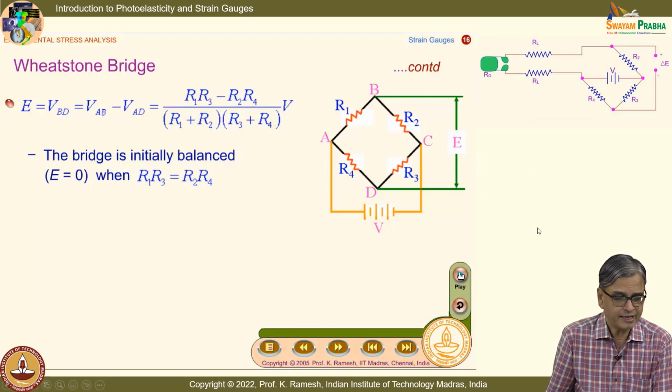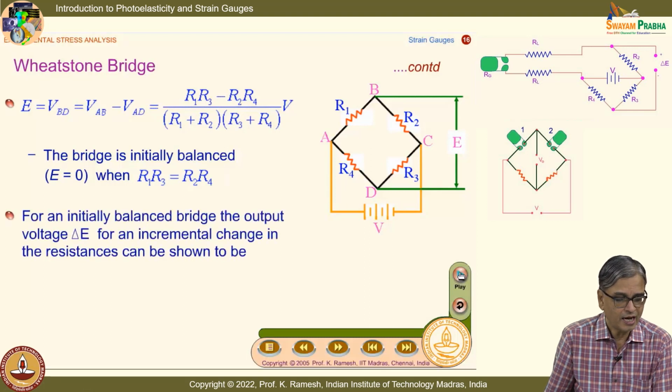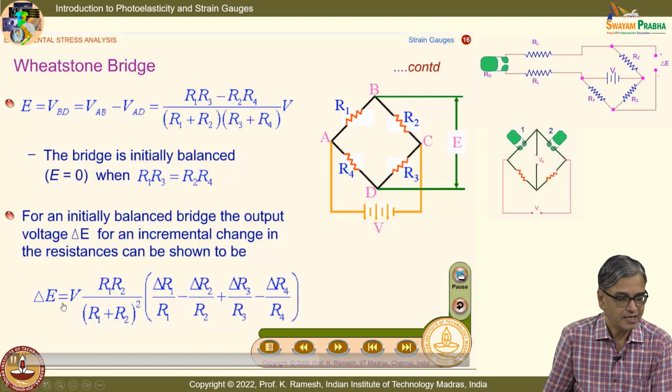And when I write this final expression, okay, I have a very interesting relationship which tells me how I should use the arms of the bridge effectively. The change in voltage is related to V multiplied by R1 R2 divided by R1 plus R2 squared.